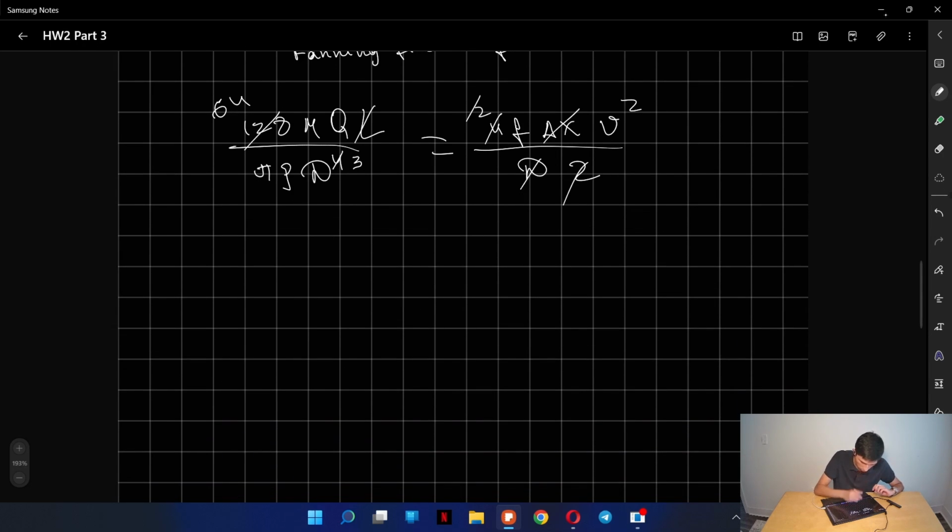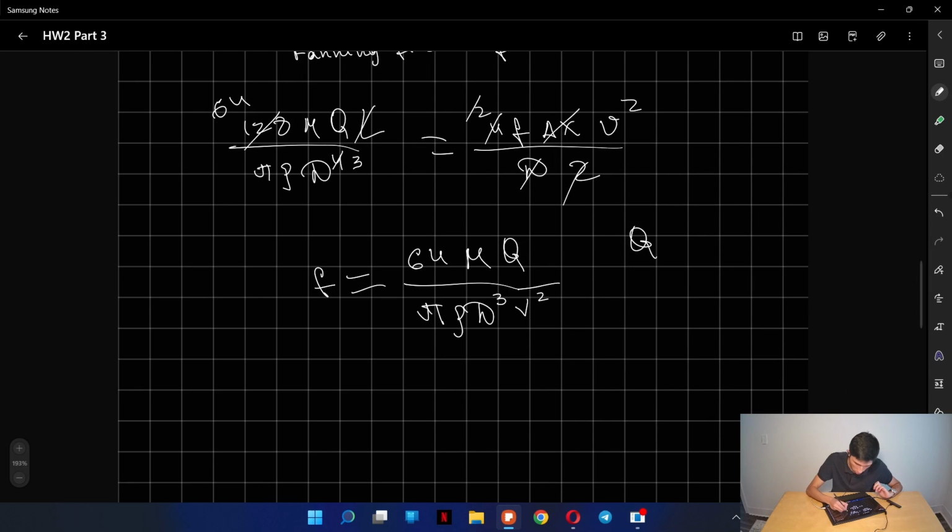So my friction factor is going to be equal to 64 times viscosity times the flow rate over pi rho times diameter squared times velocity squared.